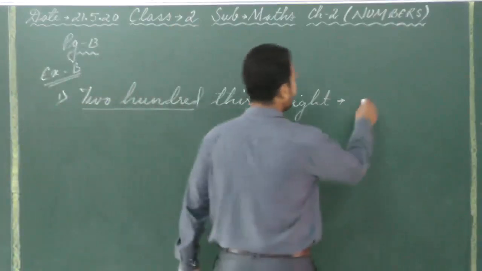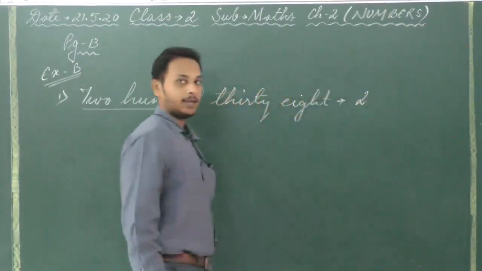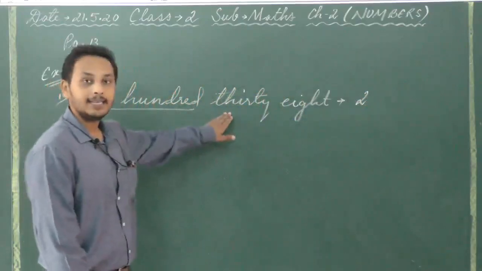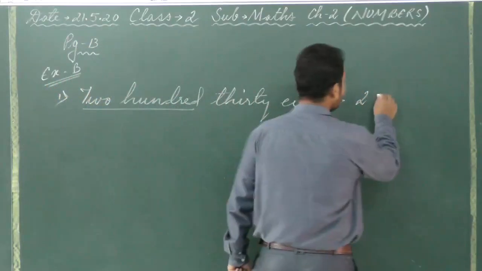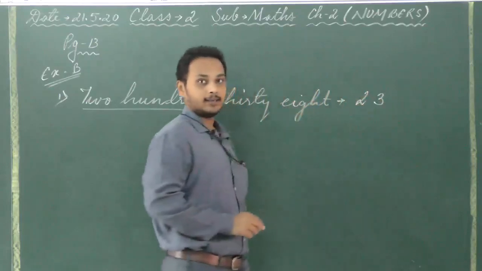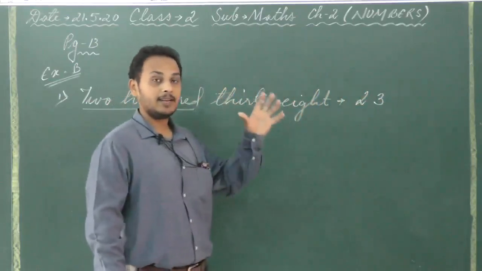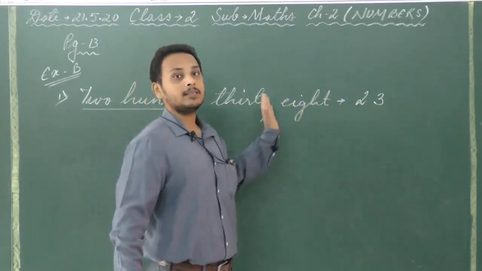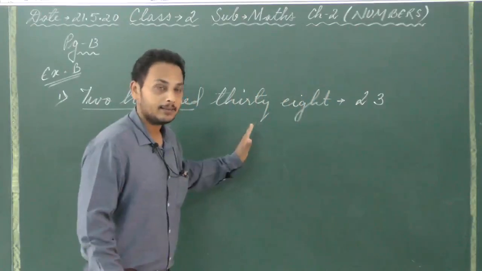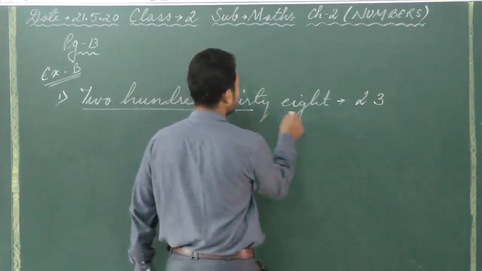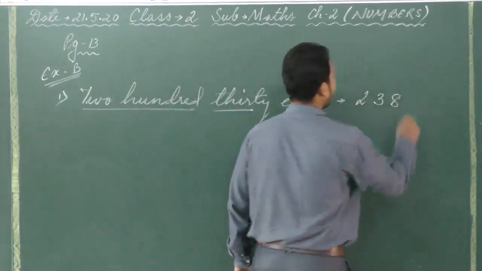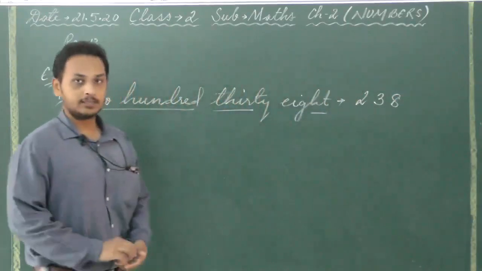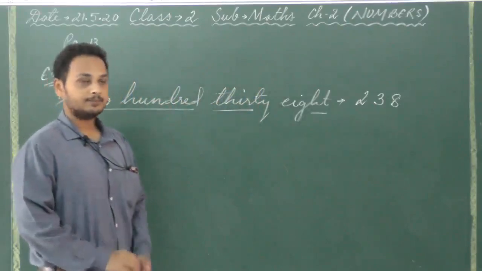So you are going to write first 2. Okay, then we have 30. 30 means 3. Don't write 3030. Remember the place where it is. Okay, it is in the tens place. So kindly don't write 30 means 30. No, it is 3. And then the last number is 8. 238. Did you get it?